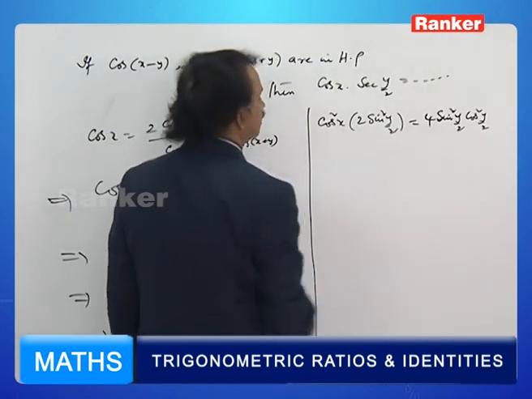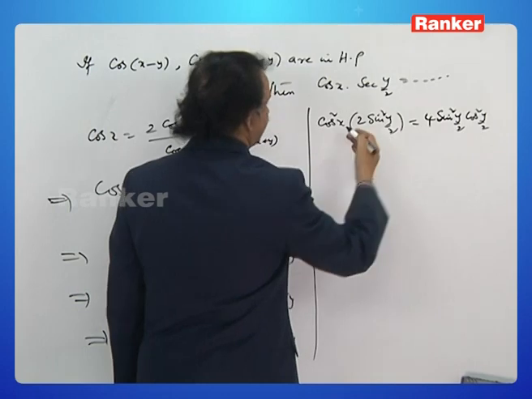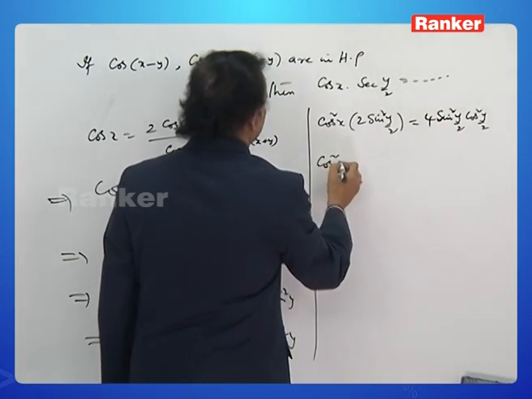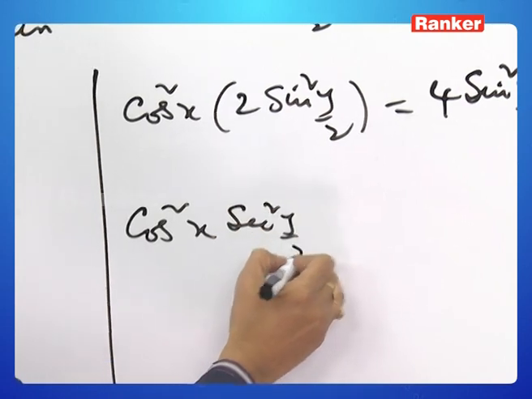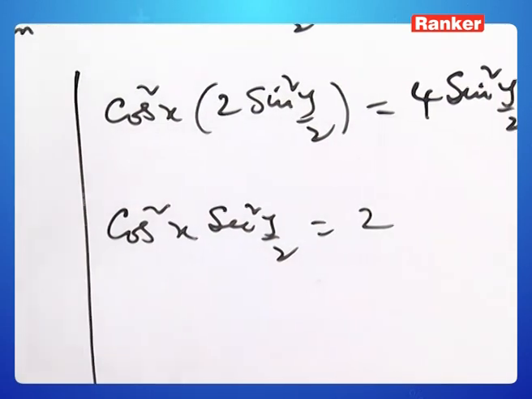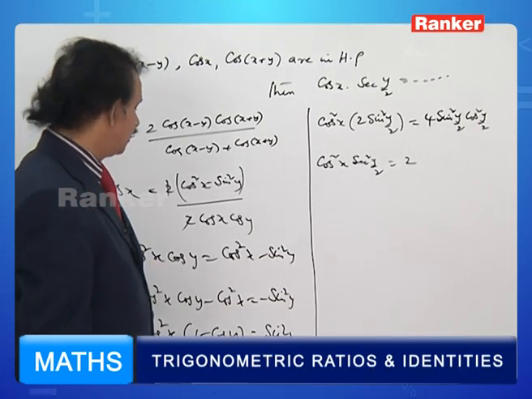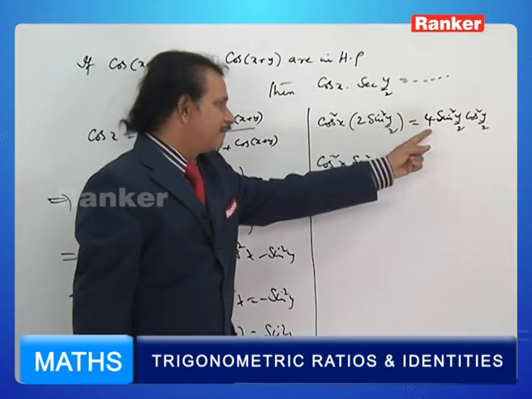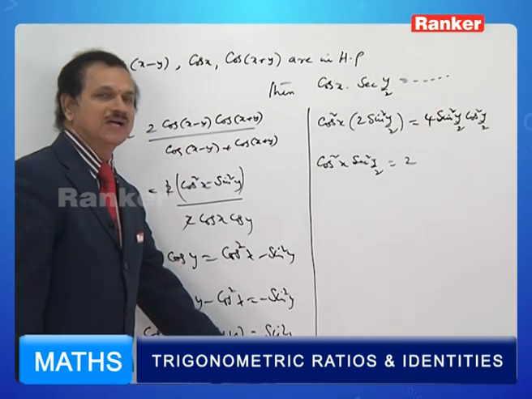One 2 will be cancelled. Sin square y by 2 will be cancelled. You bring cos square y by 2 here, so that cos square x into secant square y by 2 is equal to 2. Because only one 2 will be cancelled, another 2 will remain here. You see, sin y is nothing but 2 sin y by 2 cos y by 2.